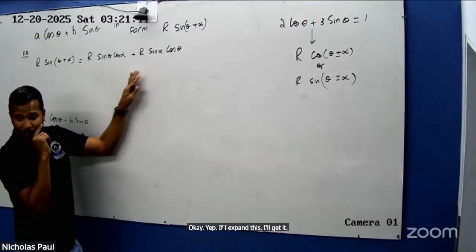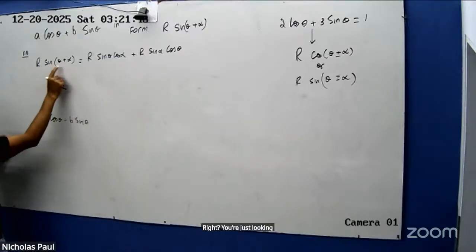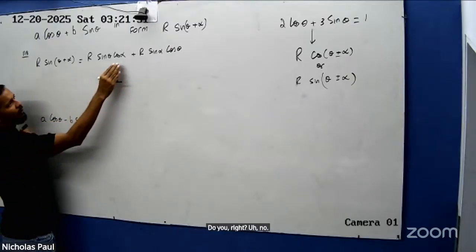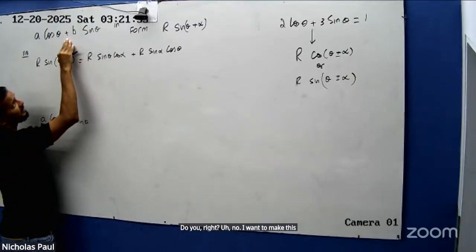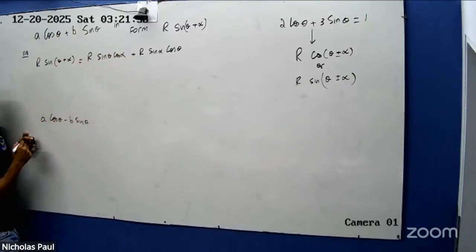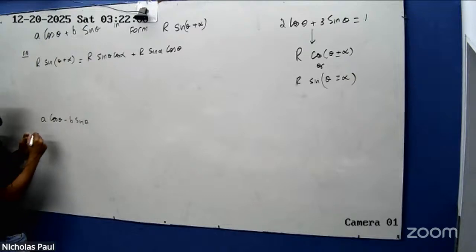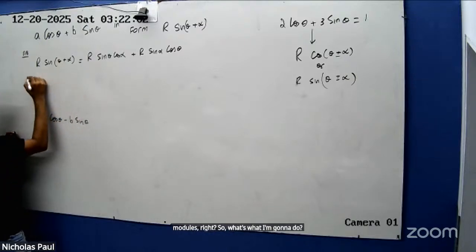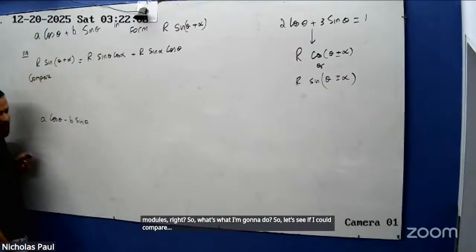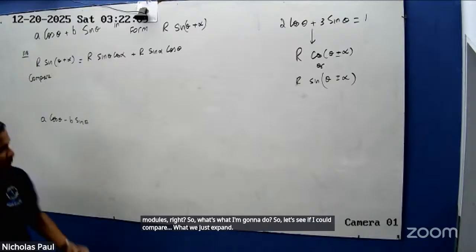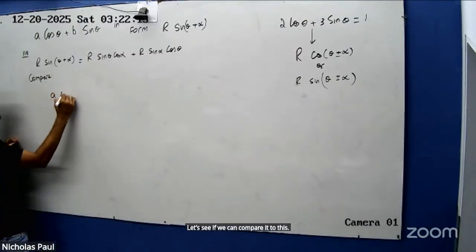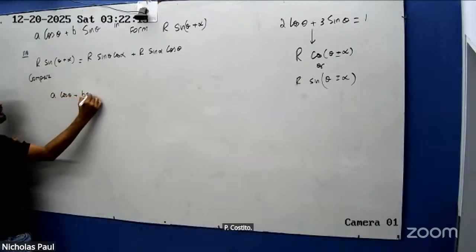Everybody with me? You're just looking at the rule for sin(A plus B), right? And now I want to make this equal to this, and I want to write it just like that. Watch this. Let's see if I could compare what we just expanded to this: A cos theta plus B sin theta.